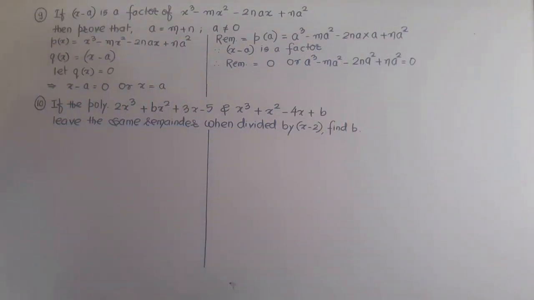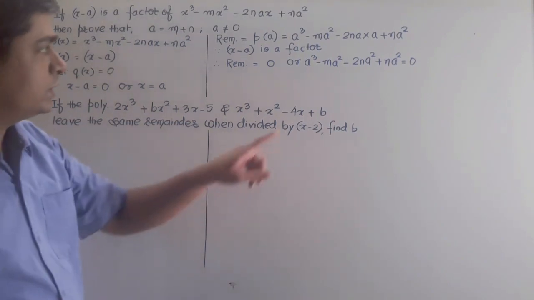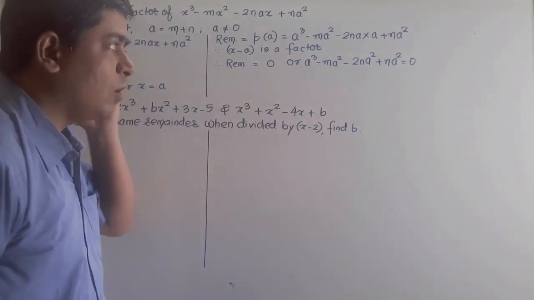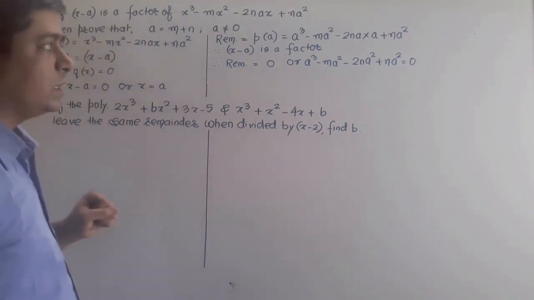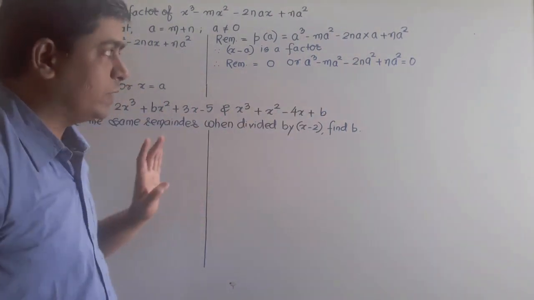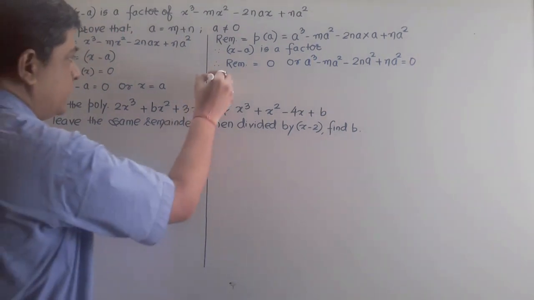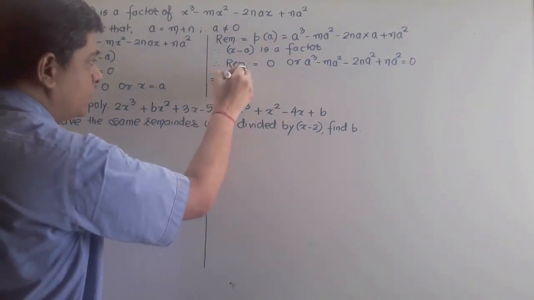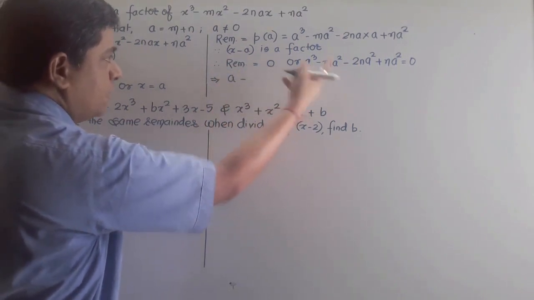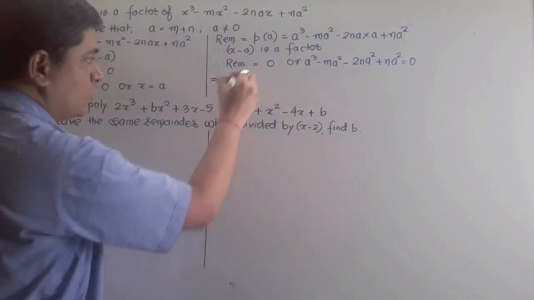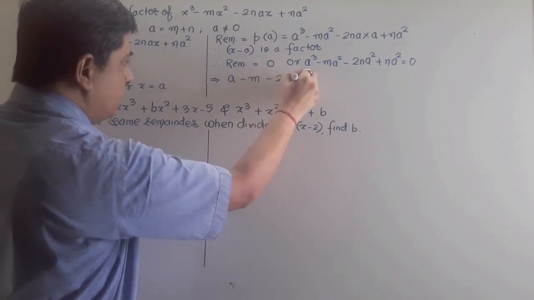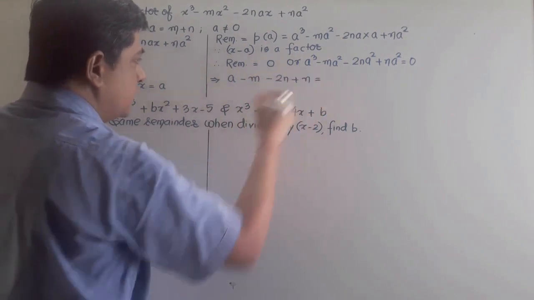Now further, one thing you observe, here I can take a square common from all the terms, and if I divide the whole equation by a square, what will remain? Here a cube is there, so only one a will remain, minus m will remain, same way 2n and plus n will remain, equal to 0.